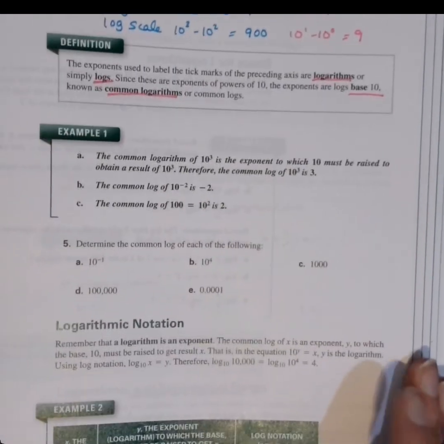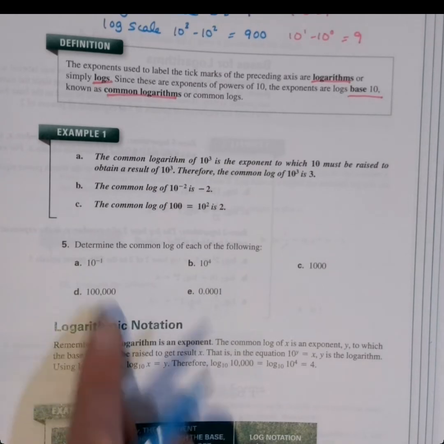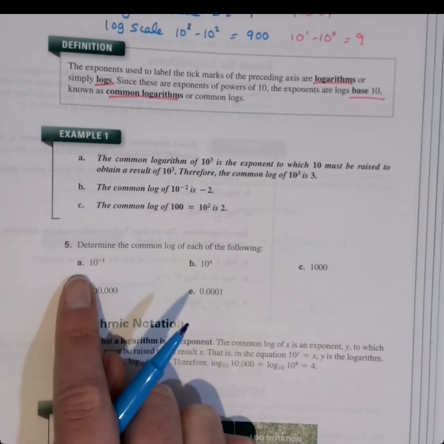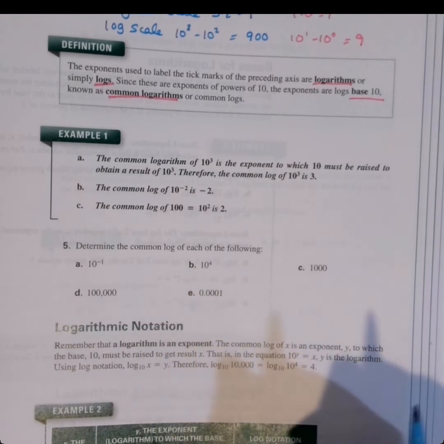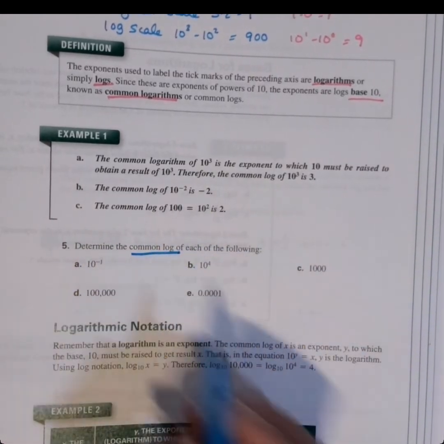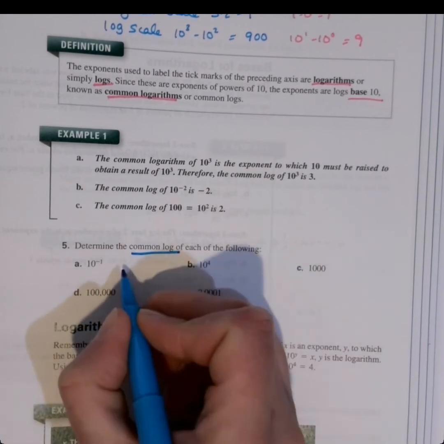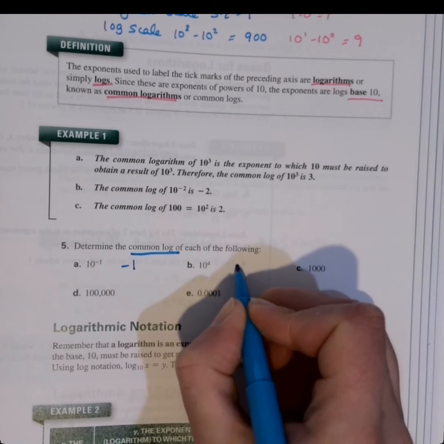Okay. All right. So continuing down on the next page, the common log of a power of 10 is going to be equal to its exponent. So, determine the common log of each of the following. The log of 10 to the negative 1 is going to be the exponent, -1. The log of 10 to the 4 is going to be the exponent 4.